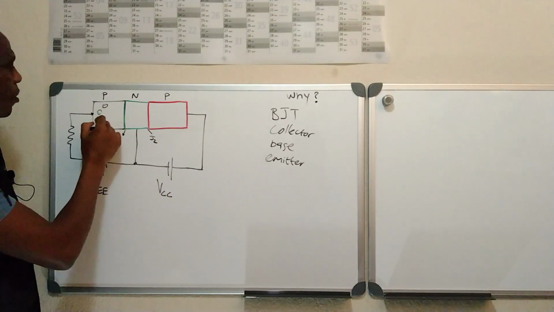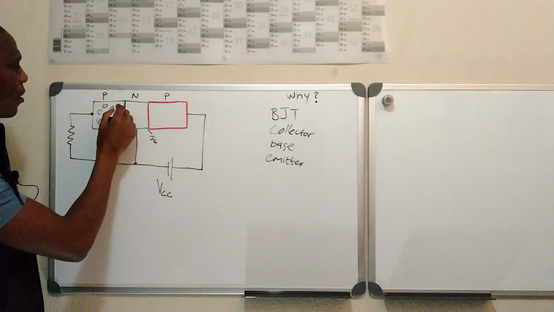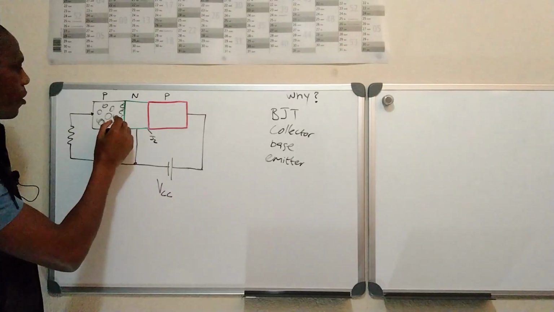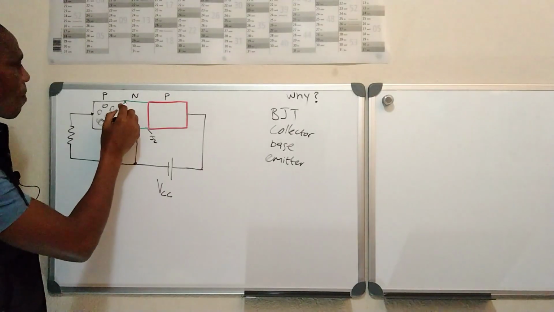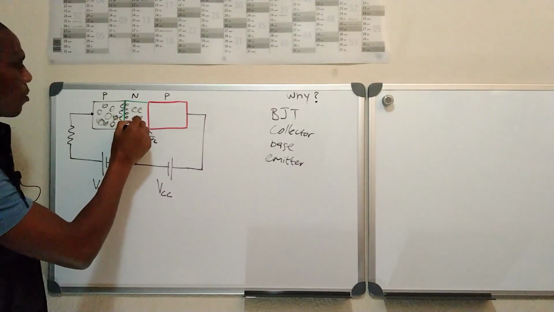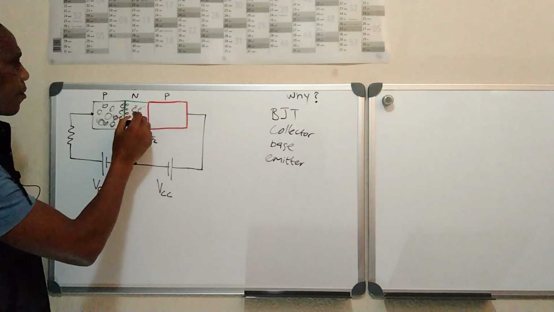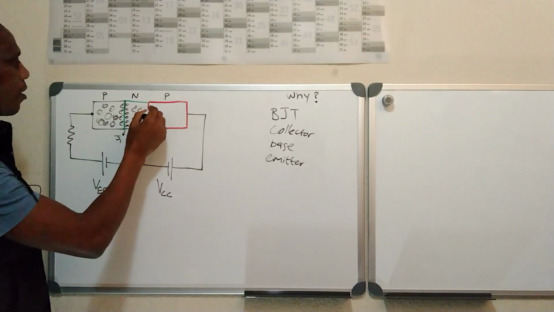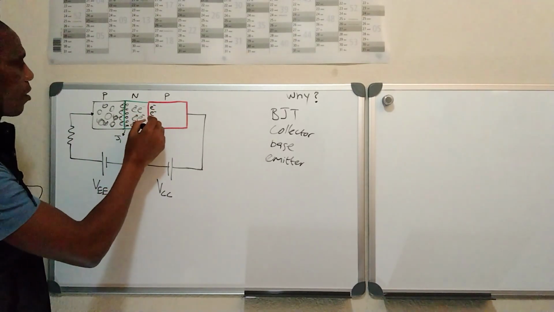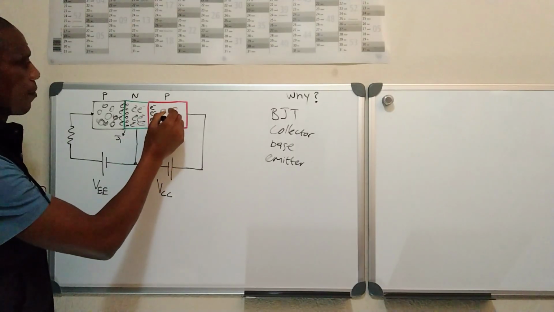This one is filled with holes. I'll just draw roughly. But here on the junction, there are electrons. Here there are holes, but it's filled with electrons, or negative charge carriers. And then the rest is filled with holes.